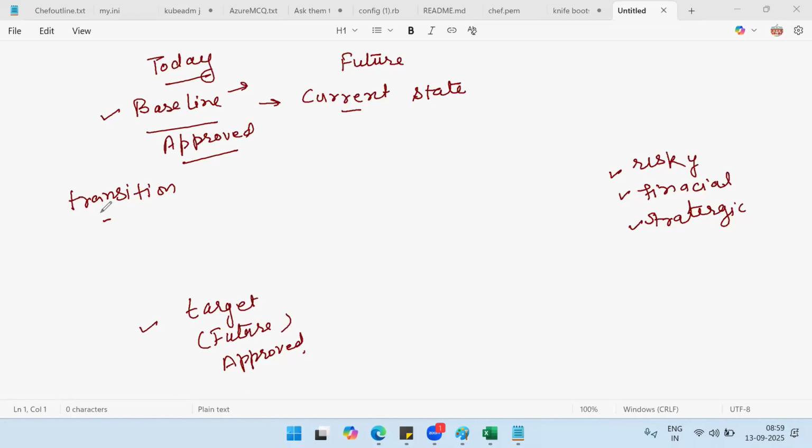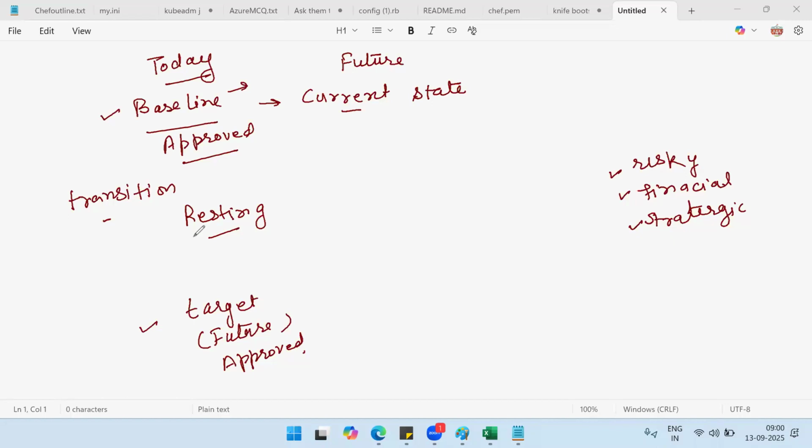Now there is something called resting architecture. So that is another state. What is resting architecture? In this state, we are saying, okay, these changes will be suspended for some time. Resting means not moving, right?